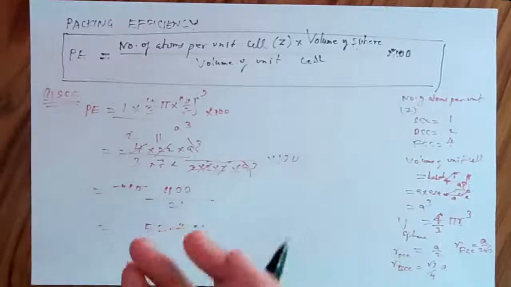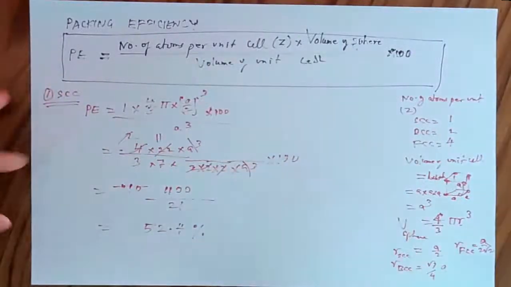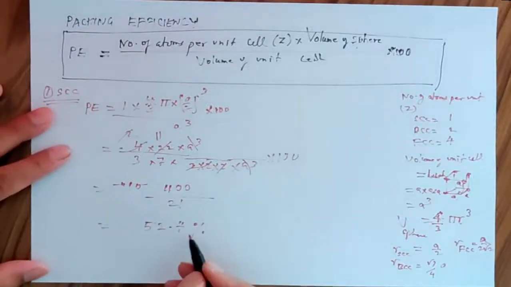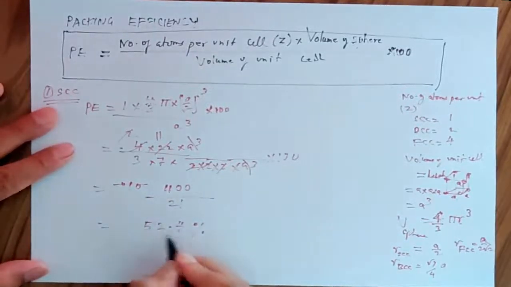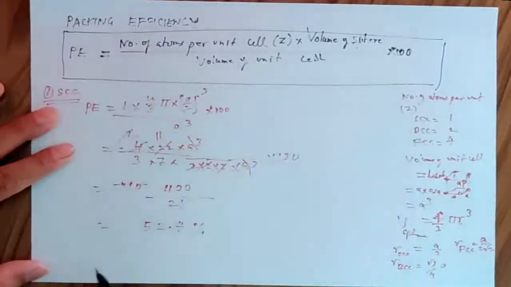How efficient is the simple cubic system? 52.4% of space is occupied by atoms in SCC.